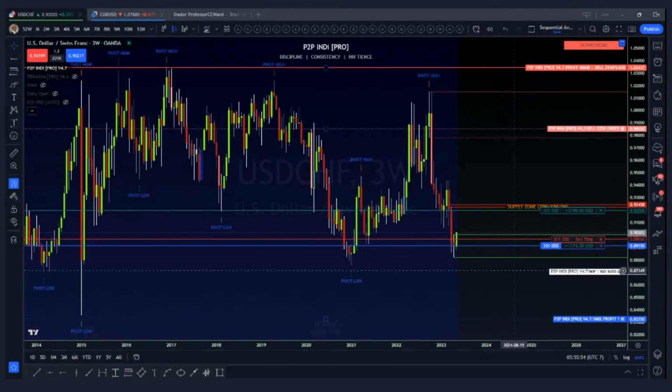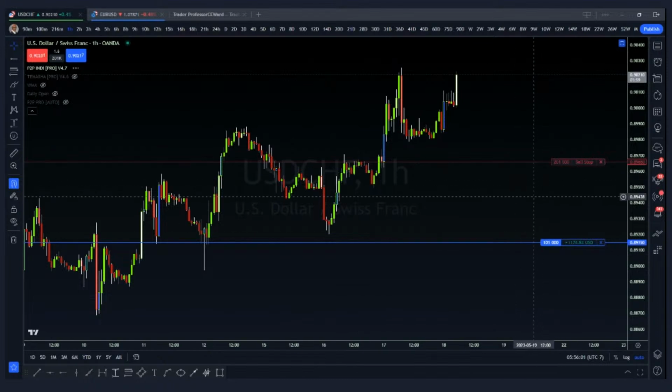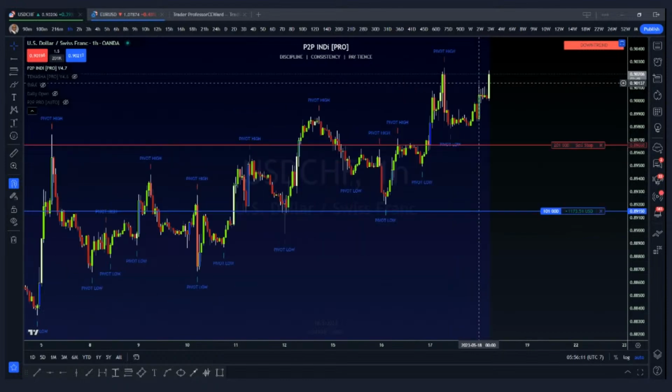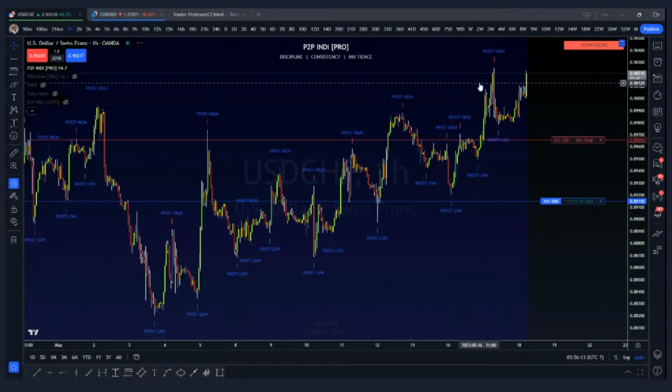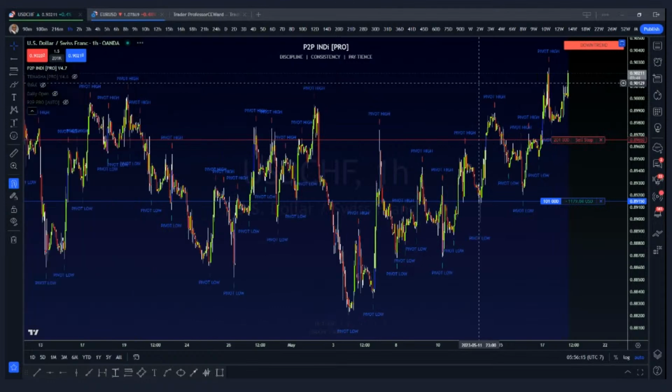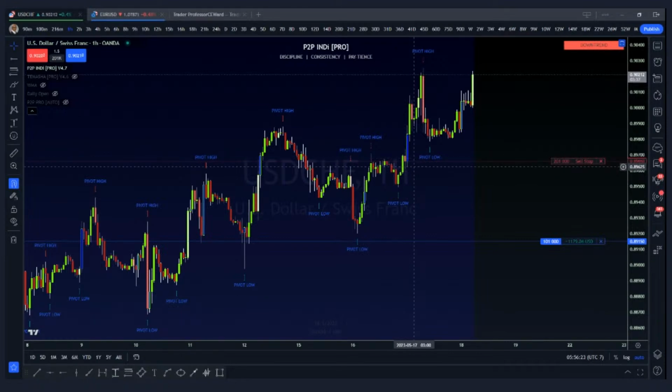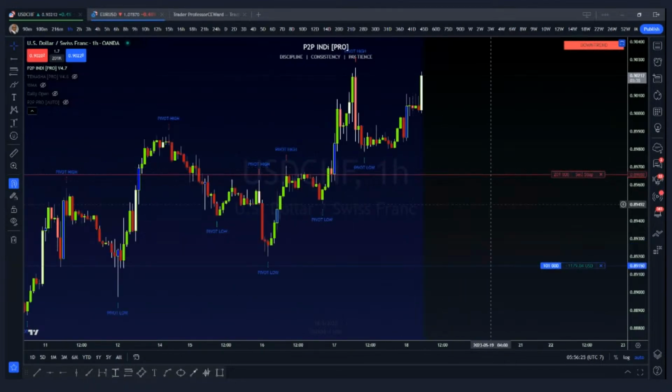Yes. All right, cool. So let me show you guys what I did. Dollar Swiss, I believe, is going to be in a big picture downtrend eventually. So I'm in a long for now. But if price action turns around and breaks this here, then I'm going to assume they're going to continue the downtrend.